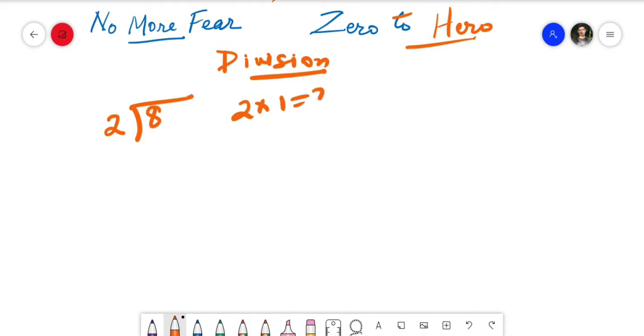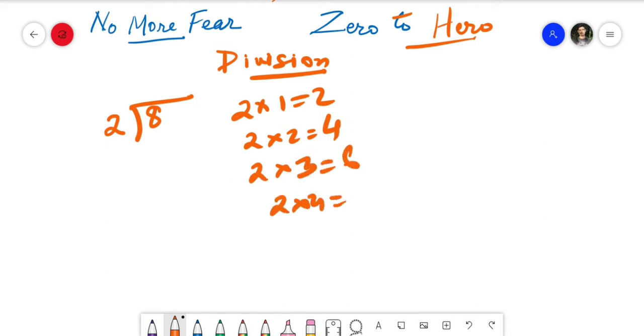This is multiply. I hope you are aware about it. 2 2s are 4, 2 3s are 6, and 2 4s are 8. Like this, 2 5s are 10, and many more like this up to 2 10s are 20.